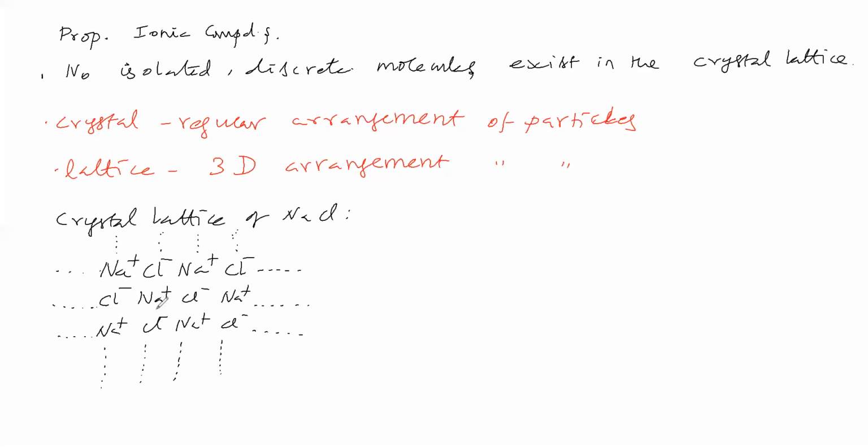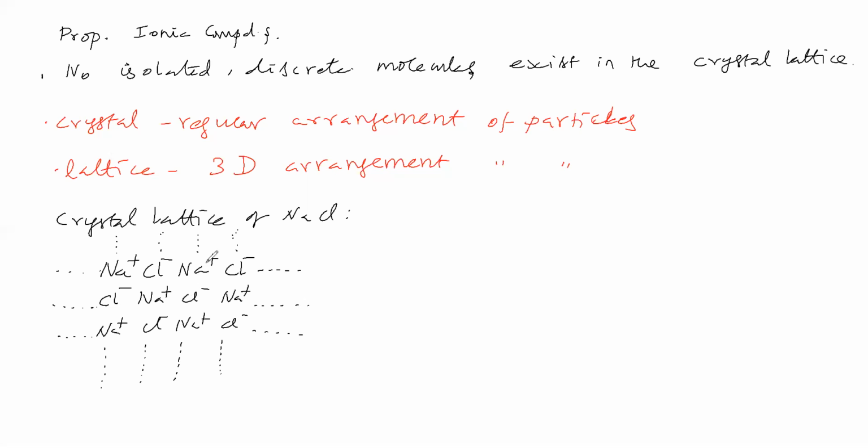So this Na+ is surrounded by 6 Cl- ions as nearest neighbors. For this Cl-, the nearest neighbors are Na+ on four sides, one Na+ above and one below. So for this Cl-, the nearest neighbors are 6 Na+ ions.